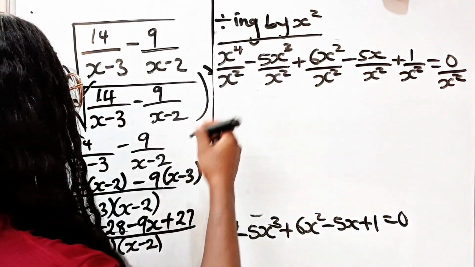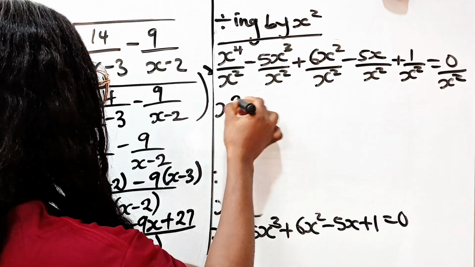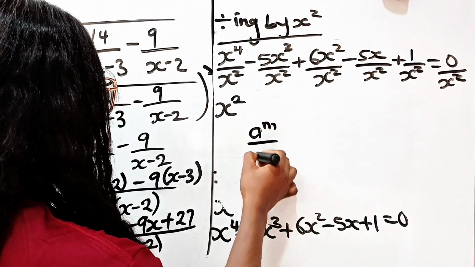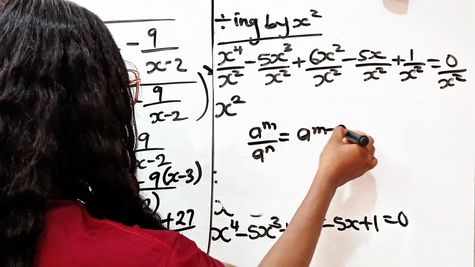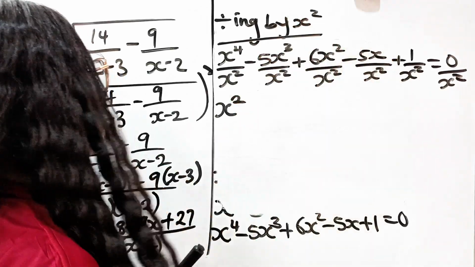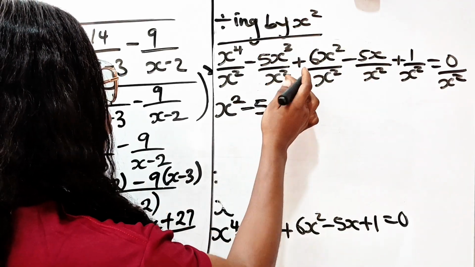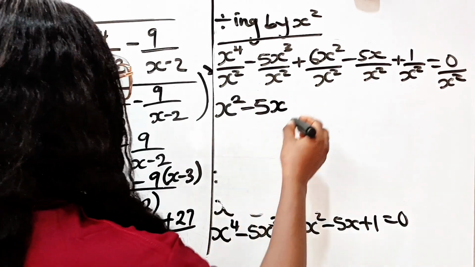Now this divided by this, we have x to the power of 4 minus 2, which is 2, using a to the power of m divided by a to the power of n is equal to a to the power of m minus n. So similarly, this will be 5, 3 minus 2 will give us 1, so it's going to be minus 5x.